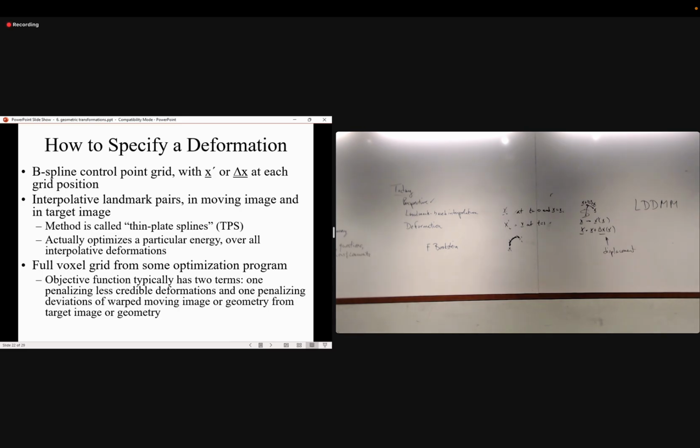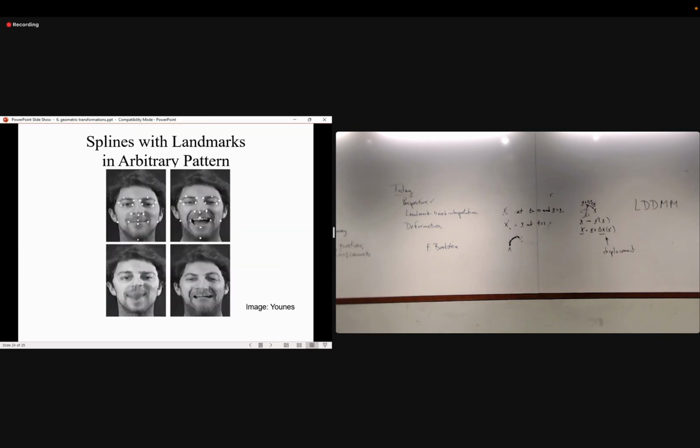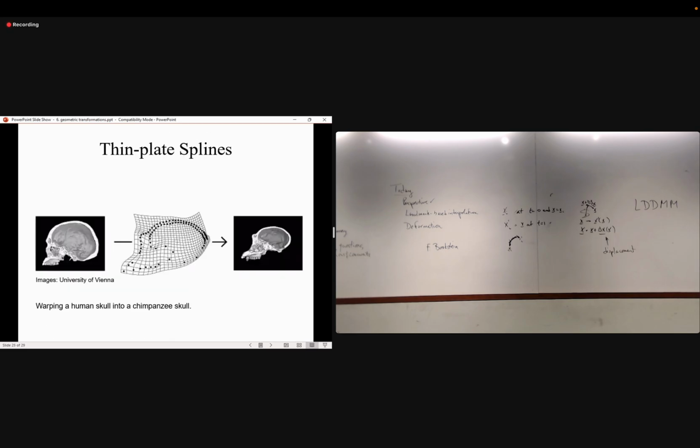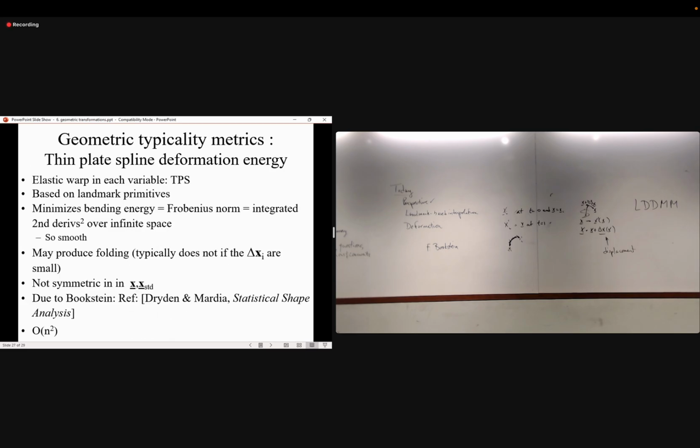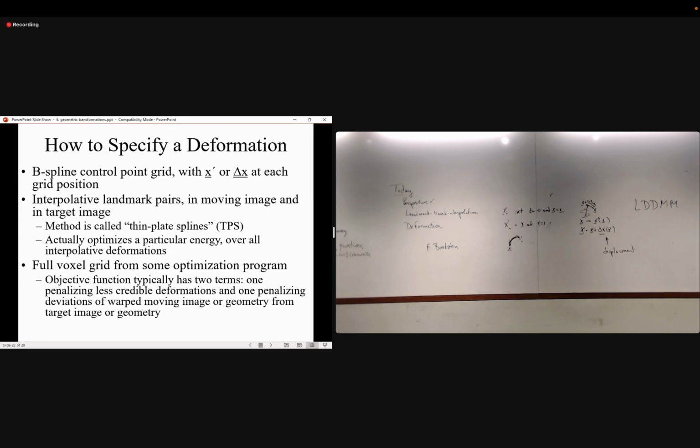But rather, there's a wonderful book, Dryden and Mardia's Statistical Shape Analysis. And these guys write really well. And so if you want to know about the thin plate splines method, don't look up under Bookstein, but rather Dryden and Mardia.